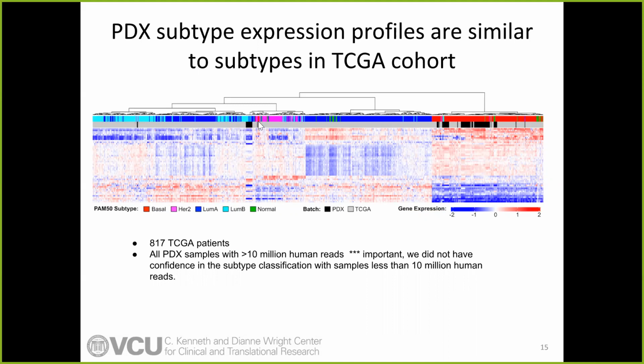And our one single HER2 sample clusters with the TCGA HER2 samples. So with this verification, we were able to confidently say that our PDX models are similar to actual human data. So any observations or conclusions that we make off of our PDX models, such as drug response and that kind of thing, can possibly be more easily transferred over to actual human data.